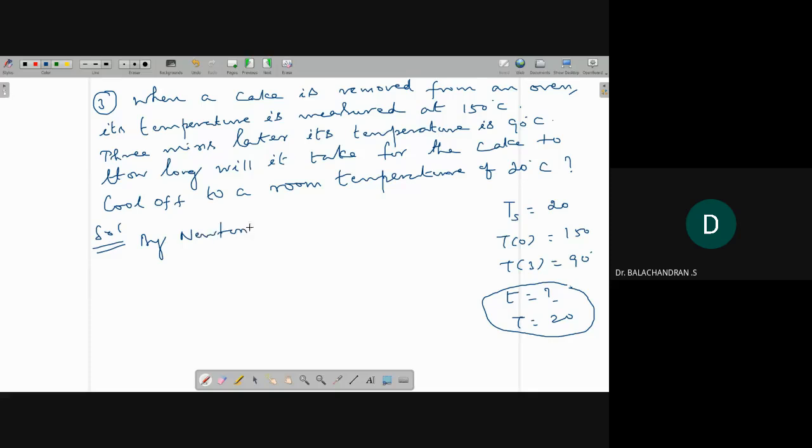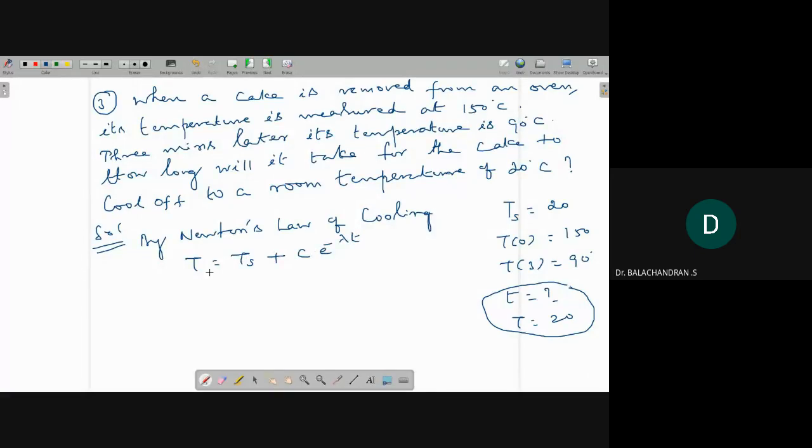So by Newton's law of cooling, anybody got the answer? You can tell me. Newton's law of cooling: T equal to Ts plus C into e power minus lambda t.